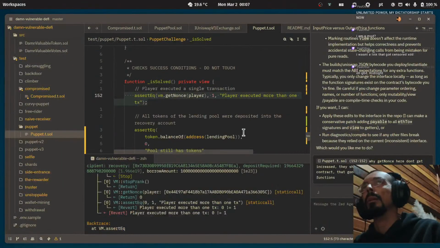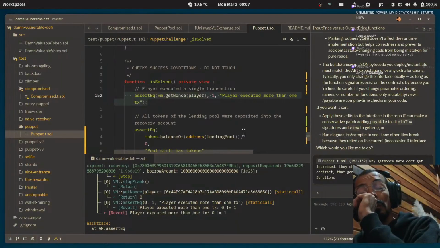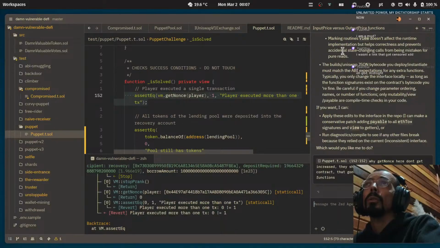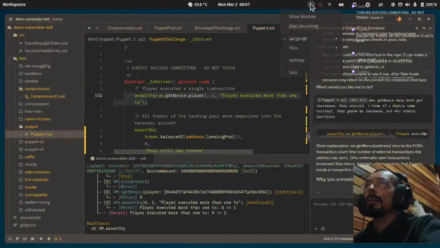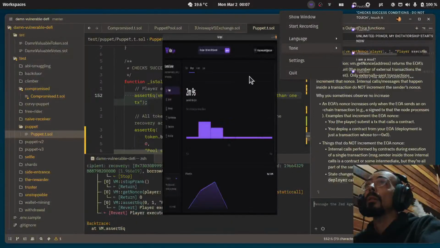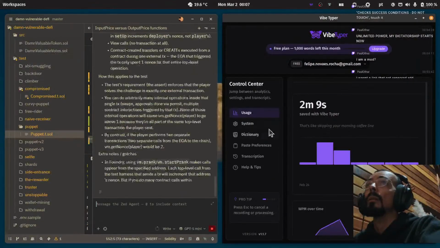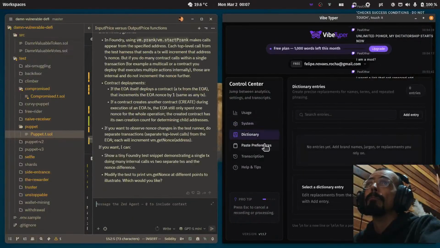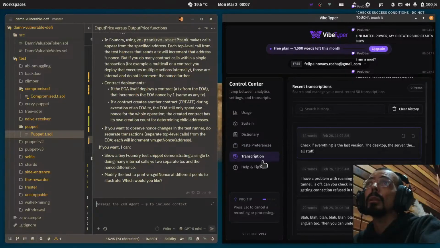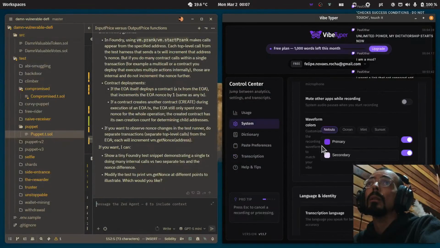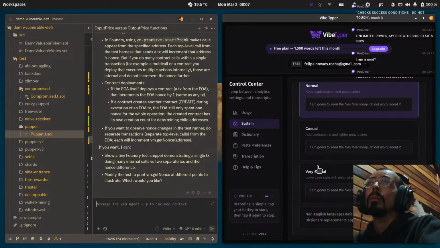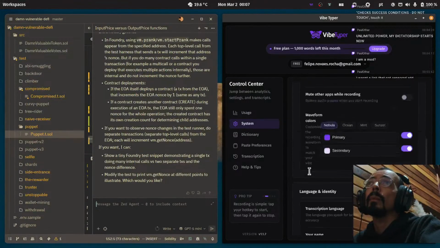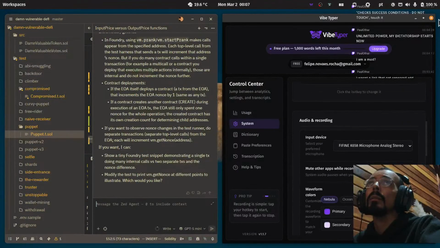It's not mine, but I don't know if vibe typer works when I'm using the same microphone. They should be working. Where is the mic? Yeah, I think it works.